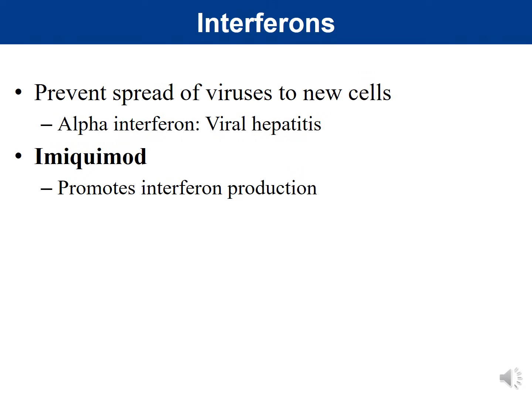So interferons can be used as a treatment, and this is used to prevent the spread of viruses to new cells. And so we can use something called alpha interferons, and alpha interferons are used for viral hepatitis. And that's because interferons are produced naturally by virally infected cells.